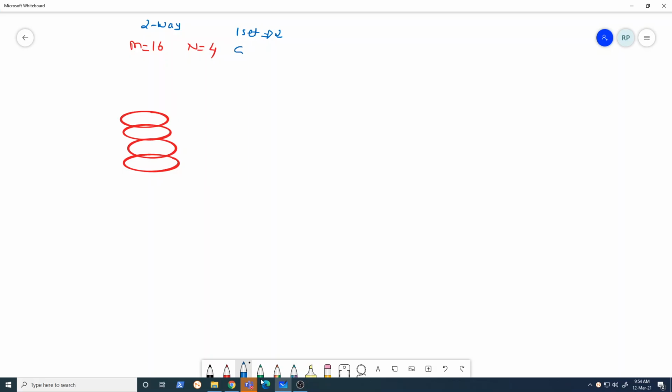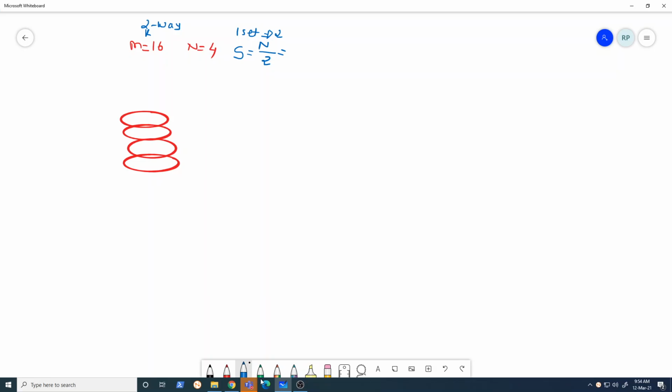So first we need to find out how many sets. To find that, divide the total number of cache blocks by the way, so it's a k-way set associative, you need to divide by k. Here k is 2.